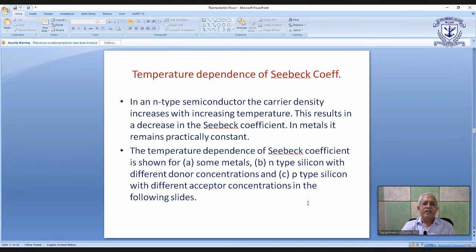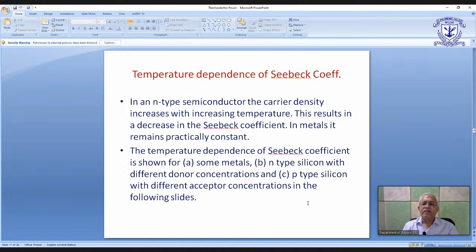So in an N-type semiconductor, as one end of the semiconductor is heated, its carrier density goes up because of ionization of the donor levels. And as the carrier density goes up, its Seebeck coefficient can get reduced in the hot portion.